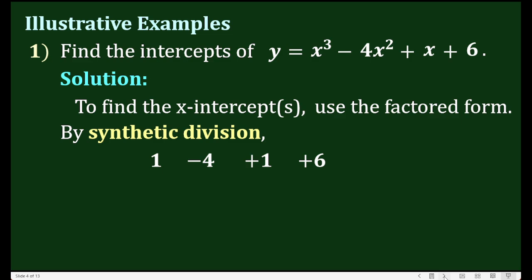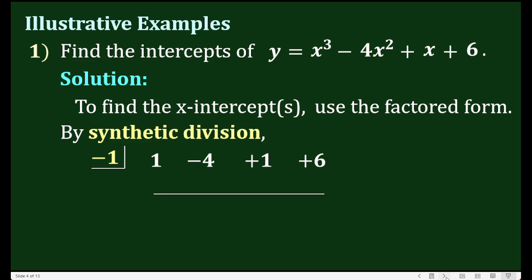For the root to be used, we consider one of the factors of the constant term 6. We begin with the first factor, say negative 1.